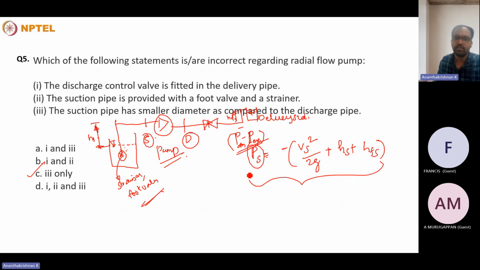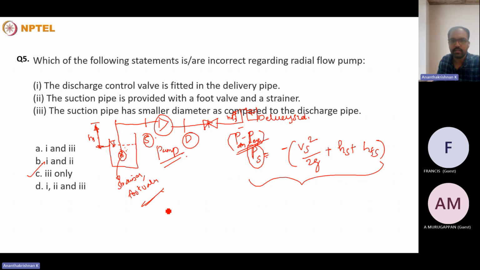This particular term is identified by applying the steady flow energy equation between the inlet sump point and the inlet to the eye.